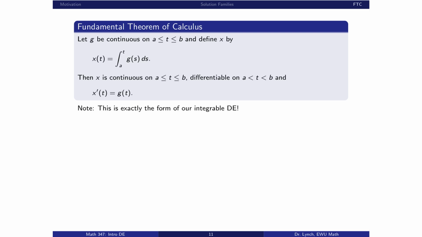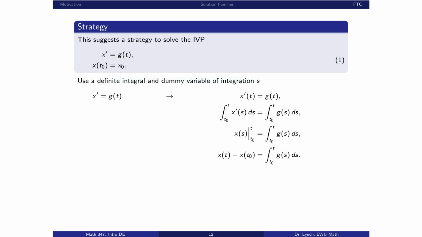Okay, so this suggests a strategy to solve an initial value problem that's expressed as x prime of t equals g of t. And here's the strategy for solving this initial value problem.